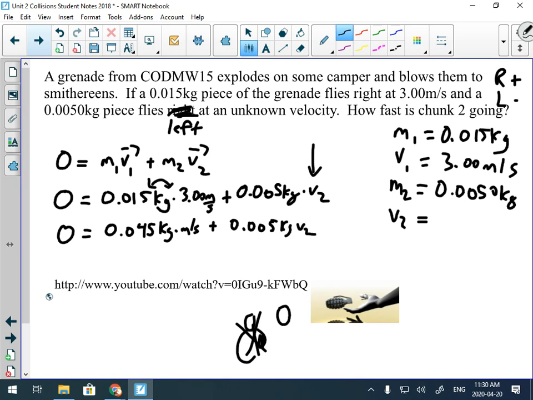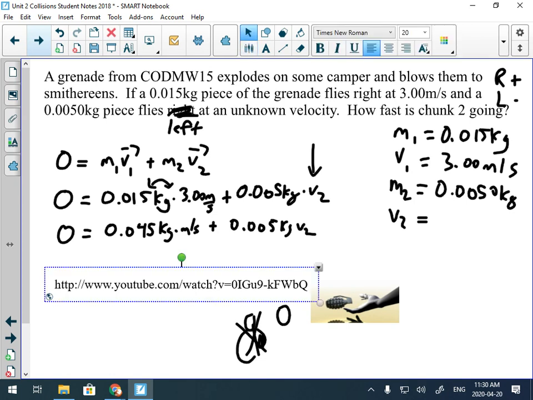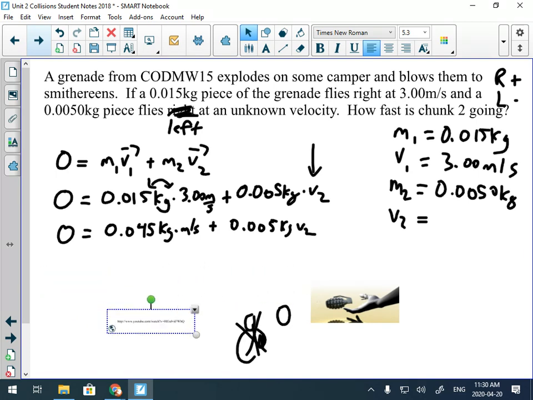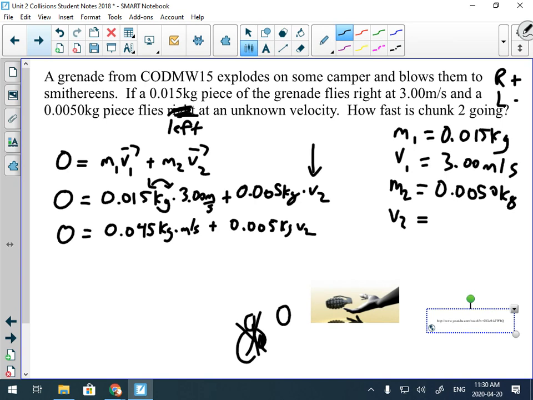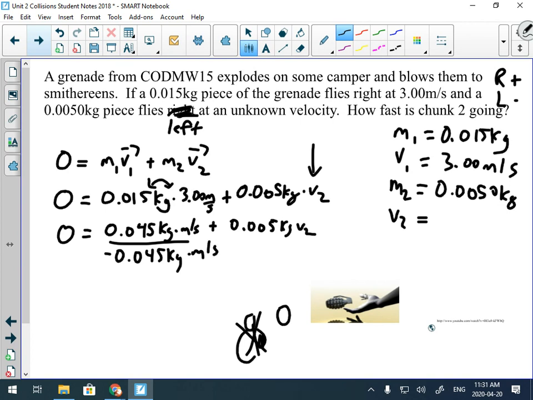Now we have to isolate v2. And what we can do, this gets a little messy. We need to get this value on the other side. That's positive, so I'm going to subtract 0.045 kilogram meter per second. And what I do to one side, I have to do to the other.